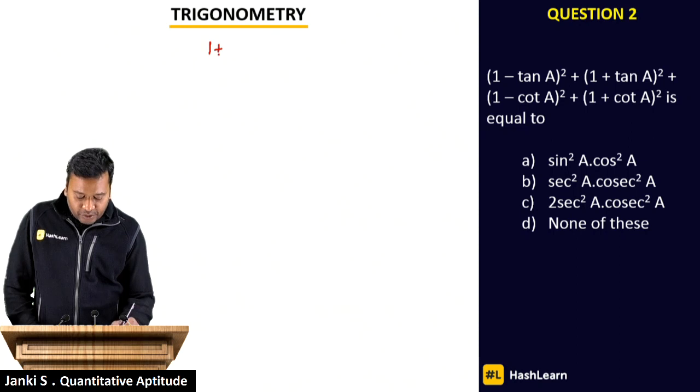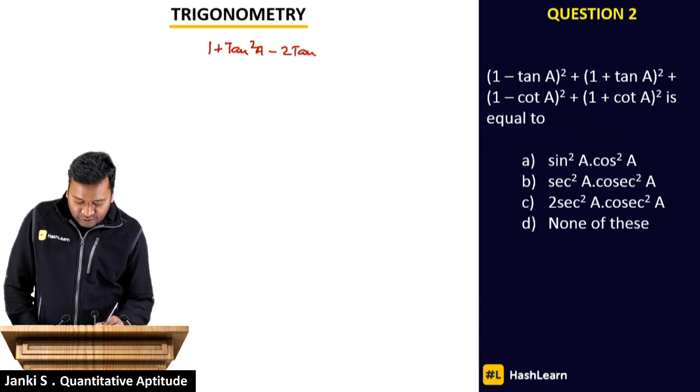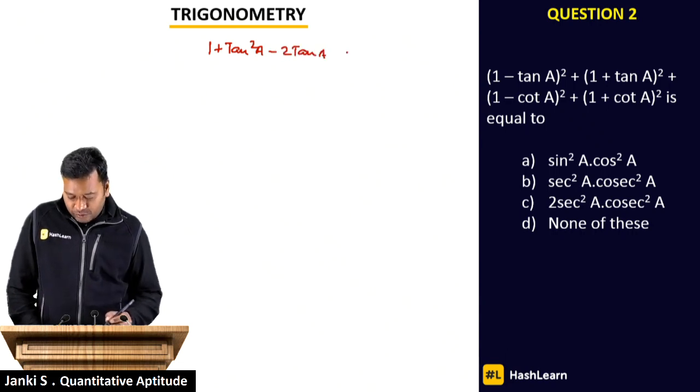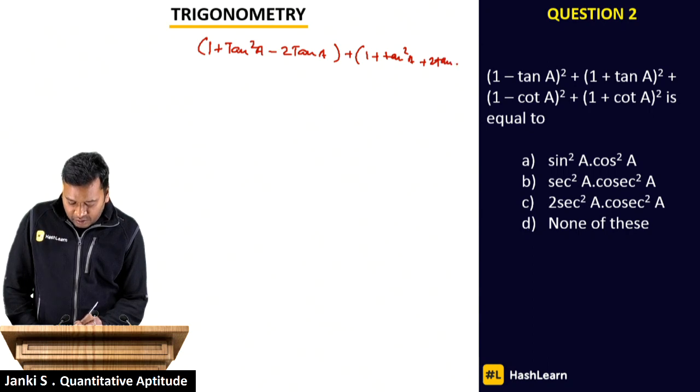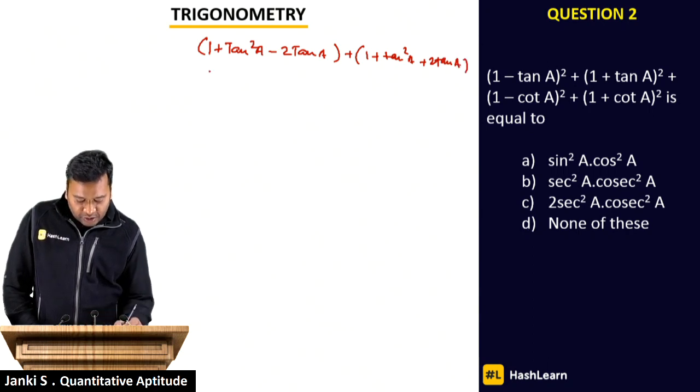That's nothing but 1 plus tan square a minus twice of tan a. Then plus 1 plus tan a whole square, that's nothing but 1 plus tan square a plus 2 tan a is my value here.